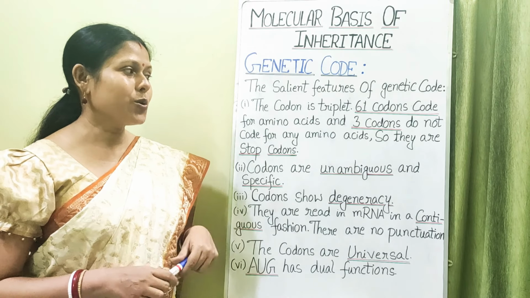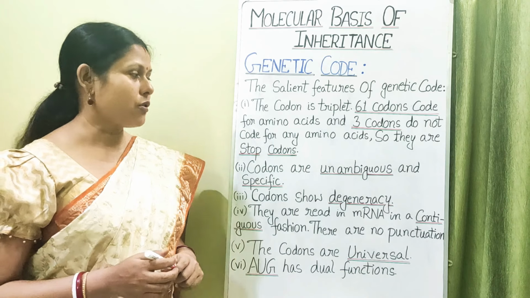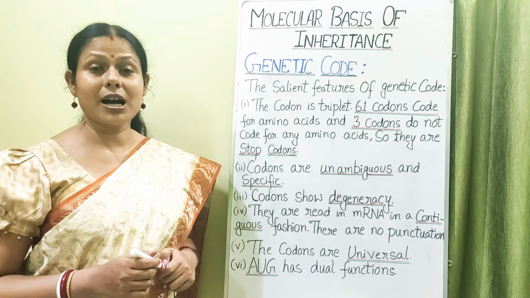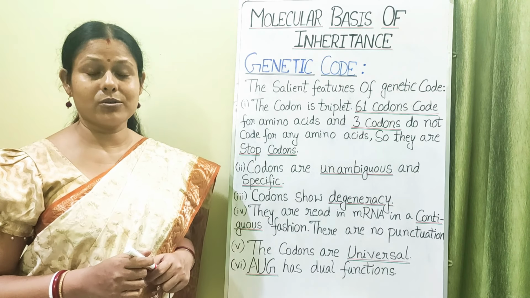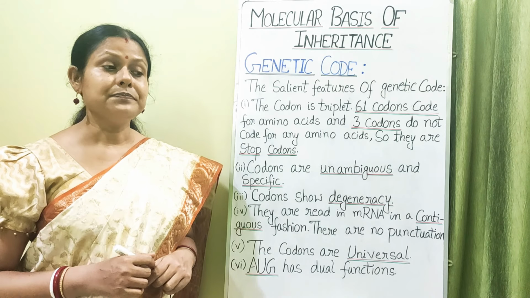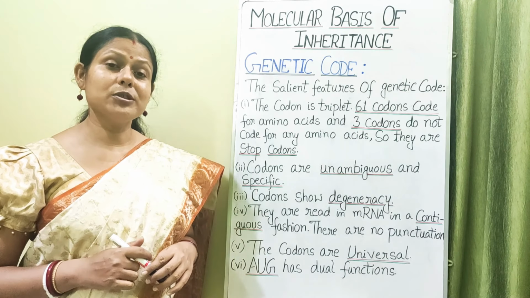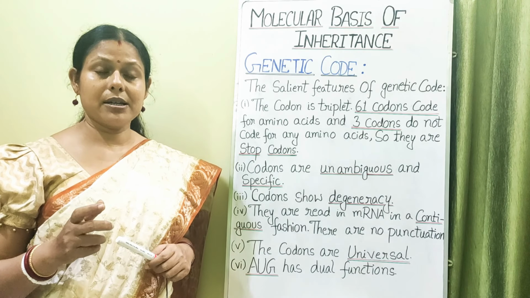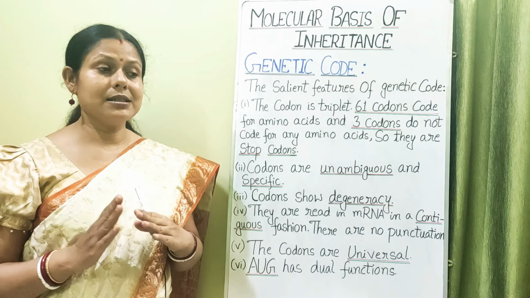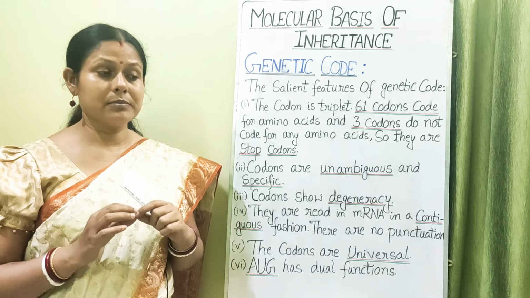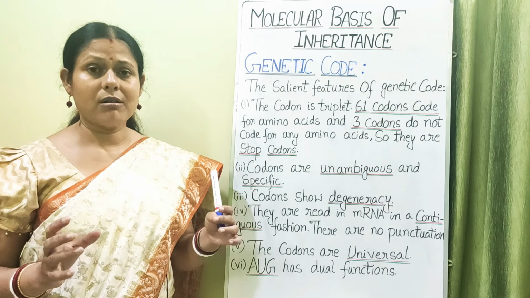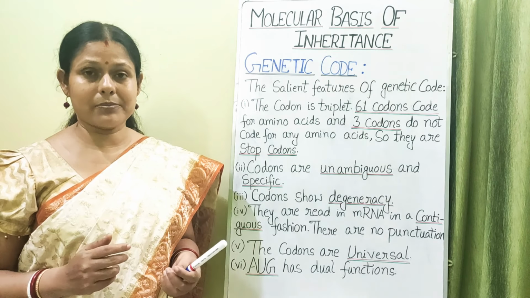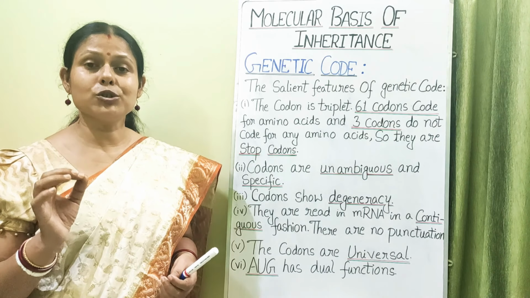The other 3 codons do not code for any amino acid, so they are known as the stop codons. That means whenever the translation is to be stopped, there must be some signal present in the mRNA which will stop the polypeptide formation, or else it will keep on happening. So there must be some termination points.